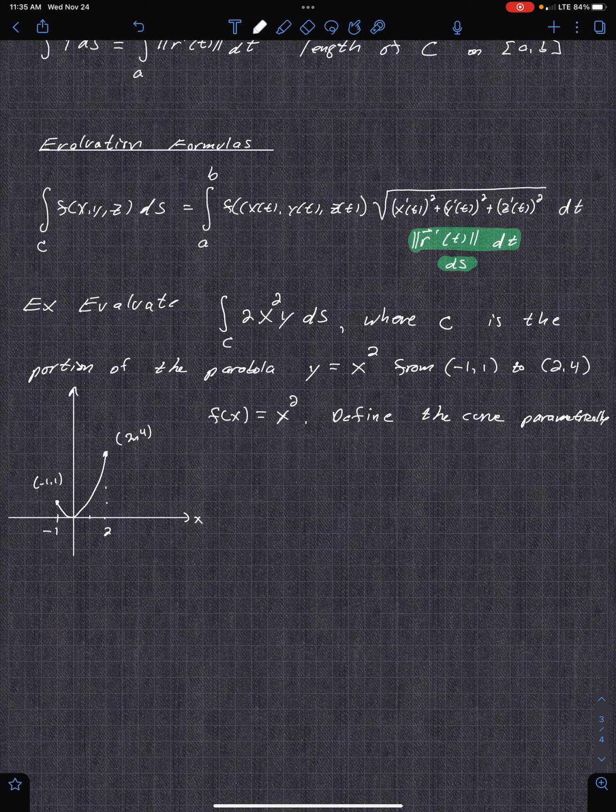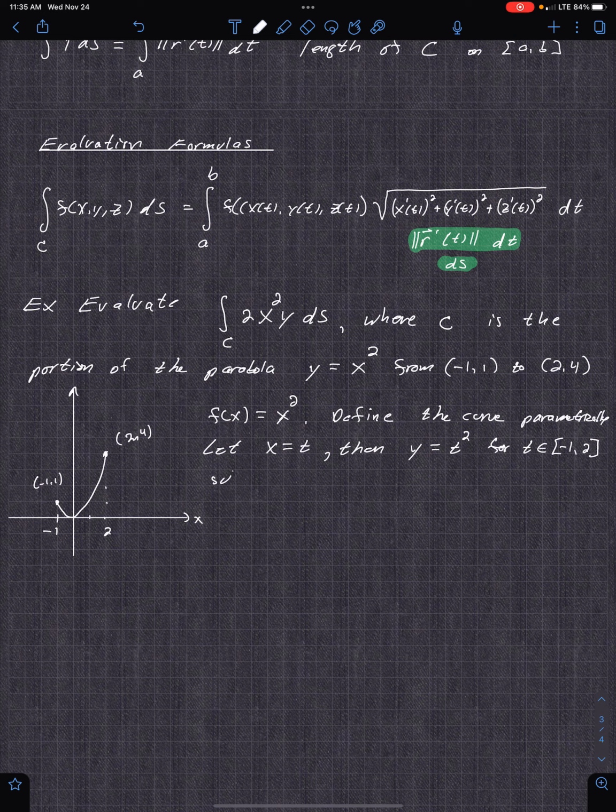So if it's an explicit function, it's pretty easy to do. Let x equal t, then your y is t squared. And that's for the same interval from -1 to 2.